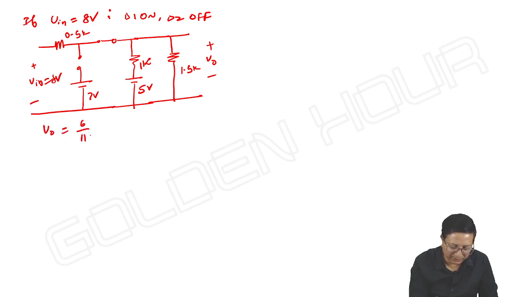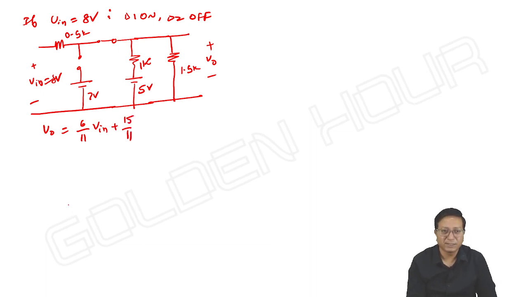It is 6 by 11 into V input plus 15 by 11. So it is 48 plus 15 by 11. It is 63 by 11.